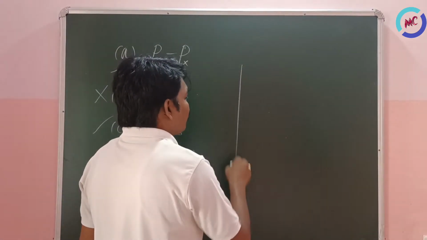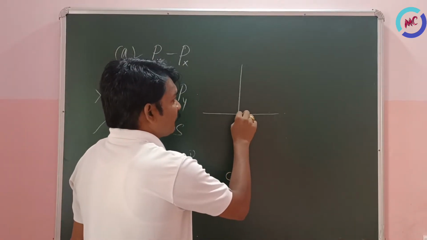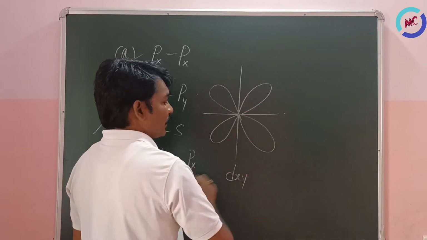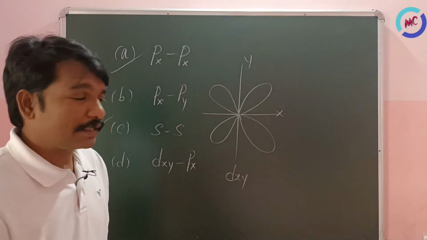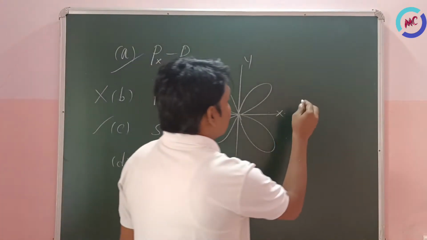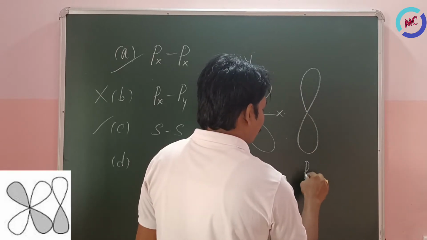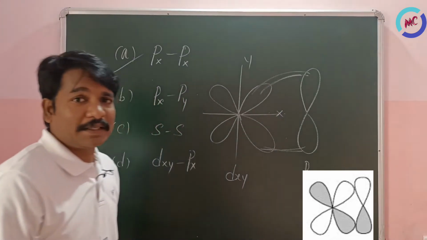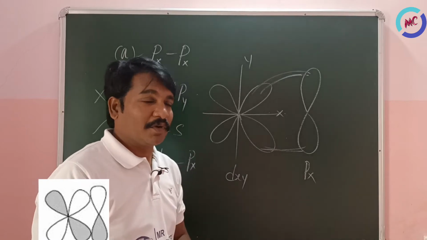See here, in case of dxy, you remember that the orbitals are present in between the axes. If it is x and y, these are present in between the axes. And we will take px. Between px and dxy, side by side overlapping takes place, which leads to pi bond formation.